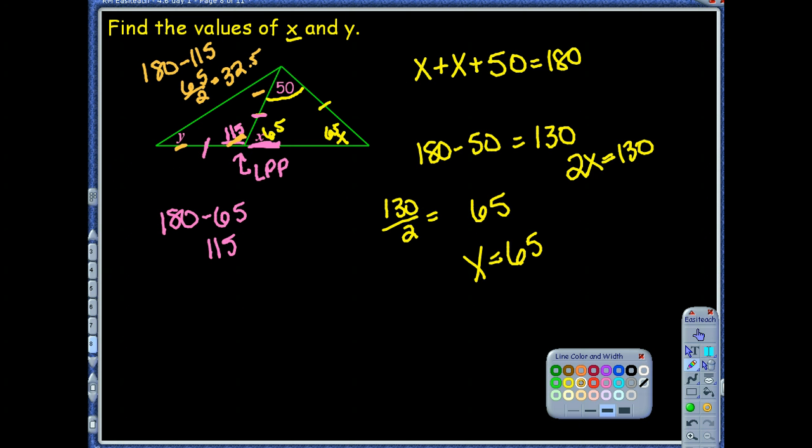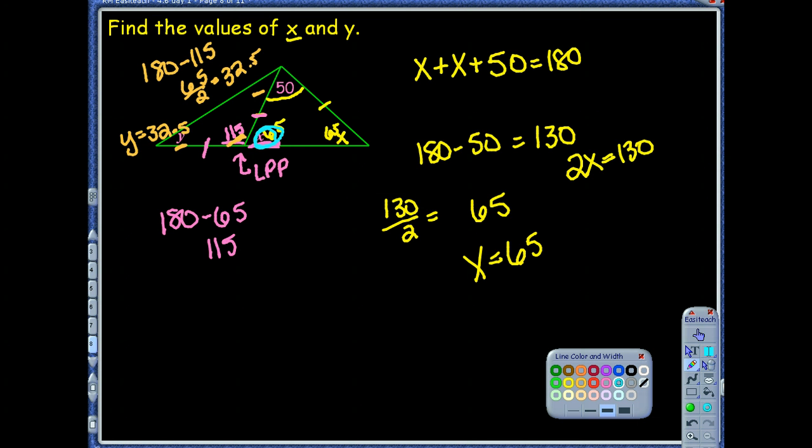Now, I felt like I repeated myself a couple times. I did 180 minus 65 to get the 115, and then I did 180 minus 115 and went back to 65. Another way to think about this, which is not always obvious, is that 65, that x, is actually an exterior angle to that other triangle.